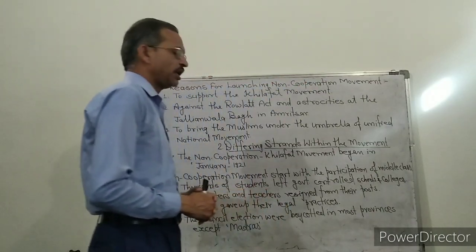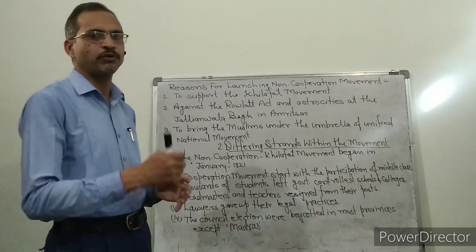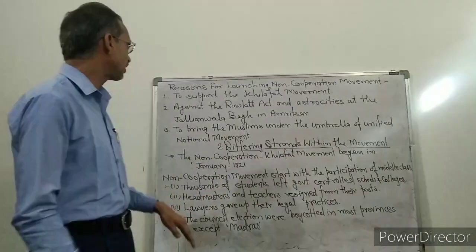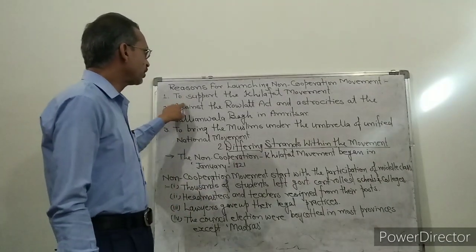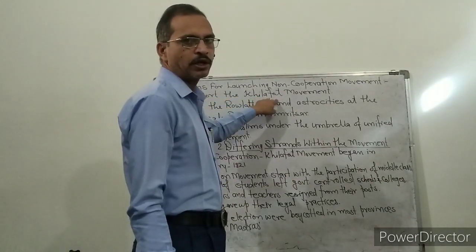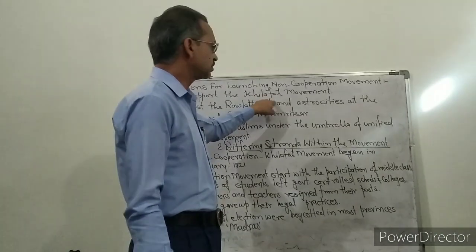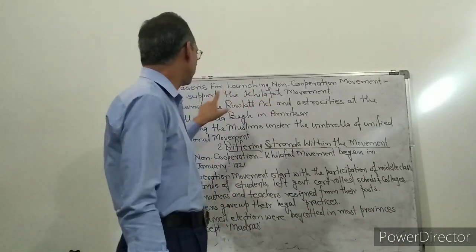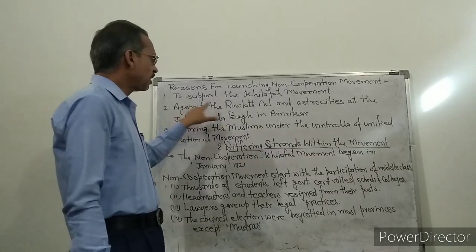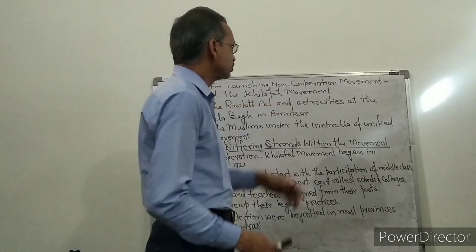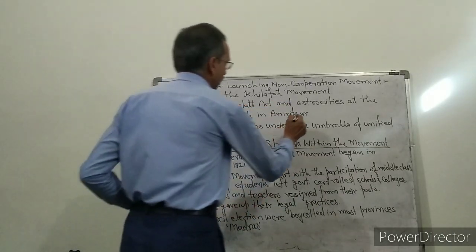क्यों non-cooperation movement को launch करना पड़ा, reasons क्या थे? First of all, to support the Khilafat movement. Students, we have learnt about the Khilafat movement in the previous video. Against the Rowlatt Act and atrocities at the Jallianwala Bagh.